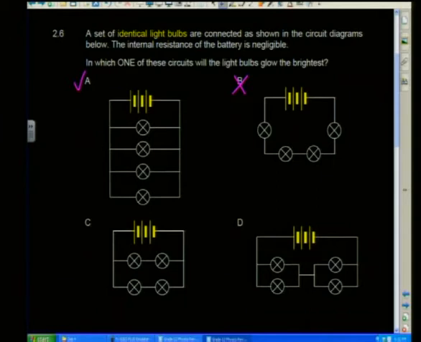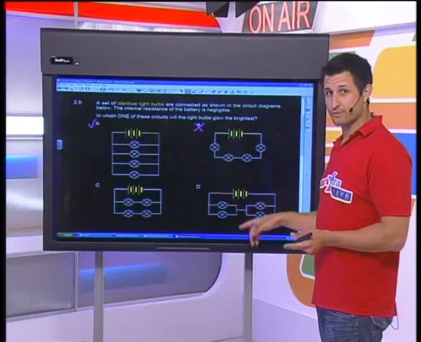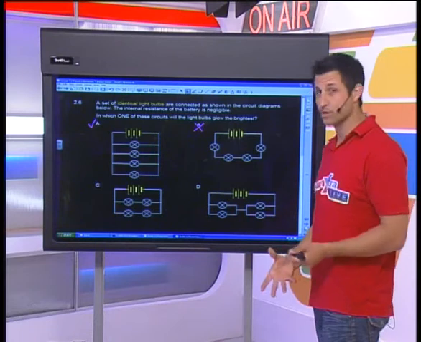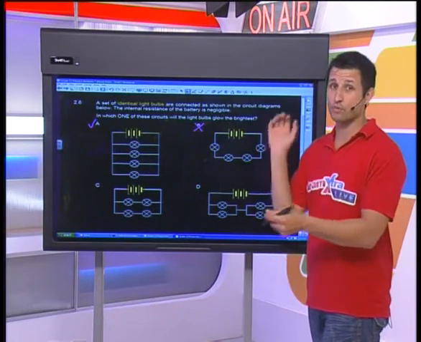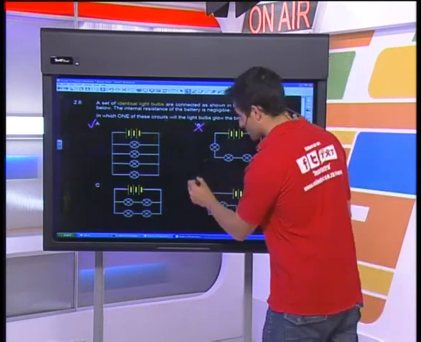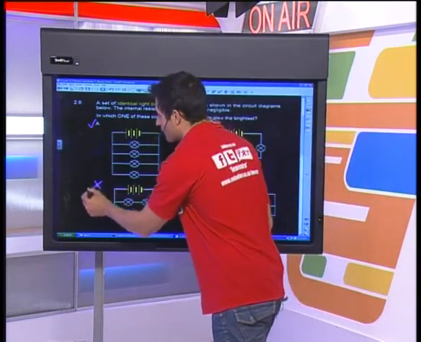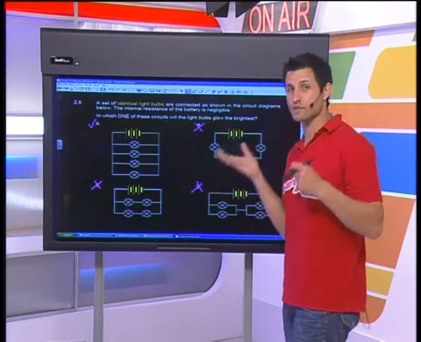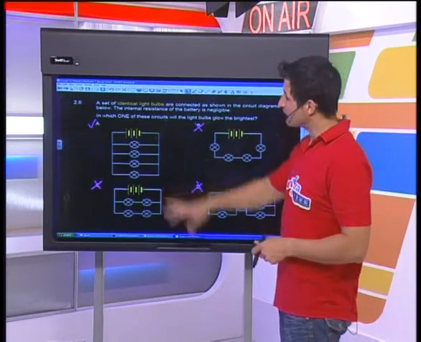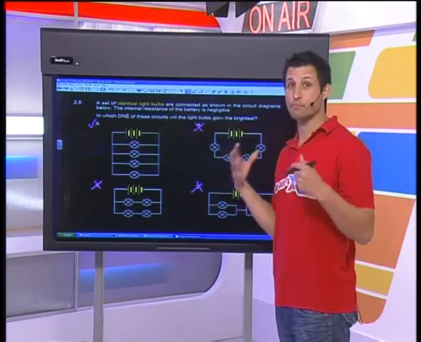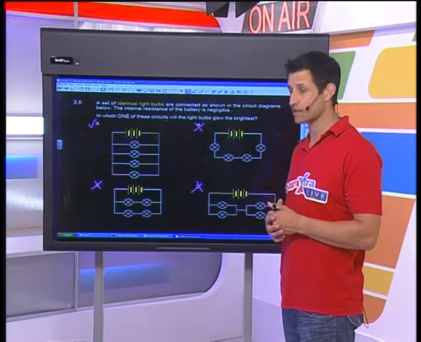Because what's going to happen is I've got these 2 light bulbs in series with these 2 light bulbs sharing out the voltage. That's not what you want. If you want a bright light bulb, you want as much voltage as possible. Again, in option C, we've got the series combination. That confirms that option A is the only one that it can be. And the reason for that is because we've got that lovely parallel situation happening there.